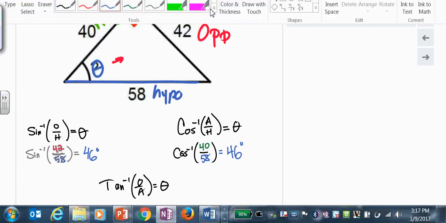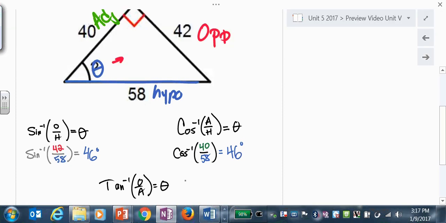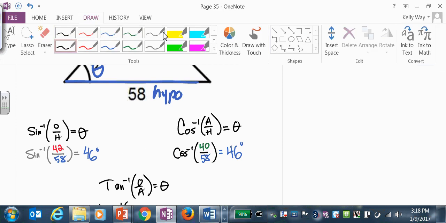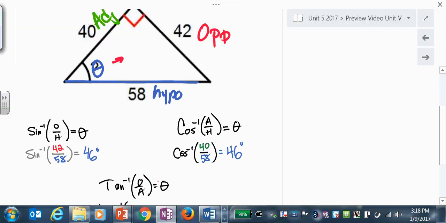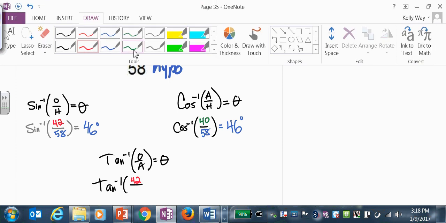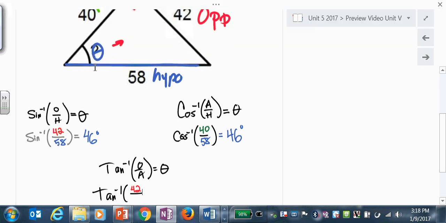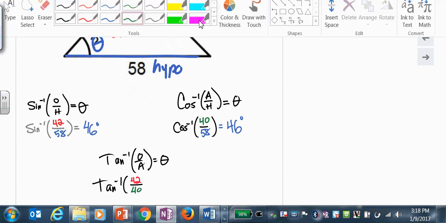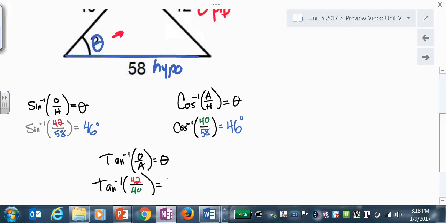Last one, inverse tangent equals opposite over adjacent, which is 42 over 40. So this is inverse tangent, 42 over 40.